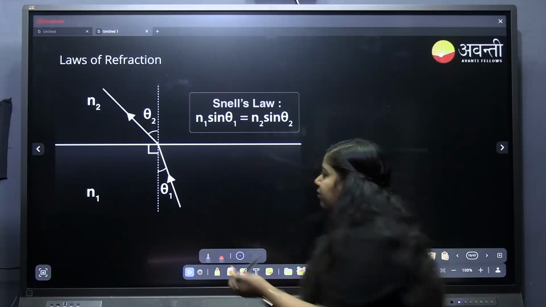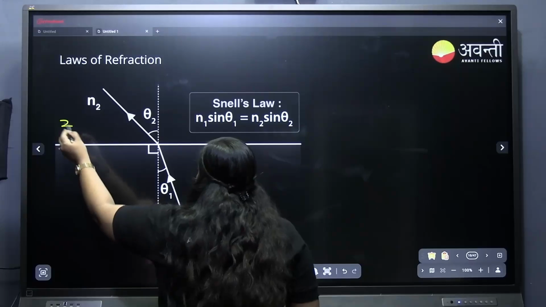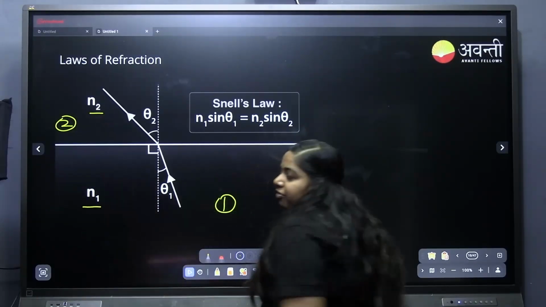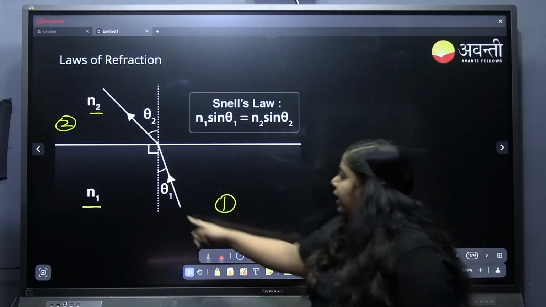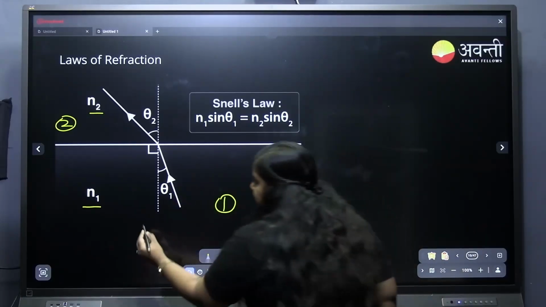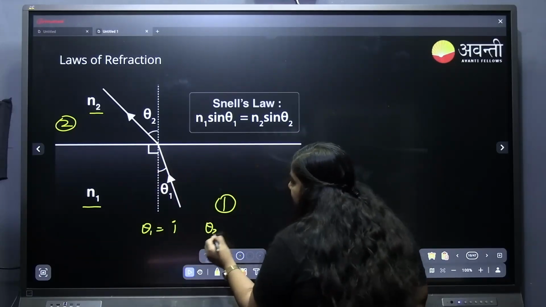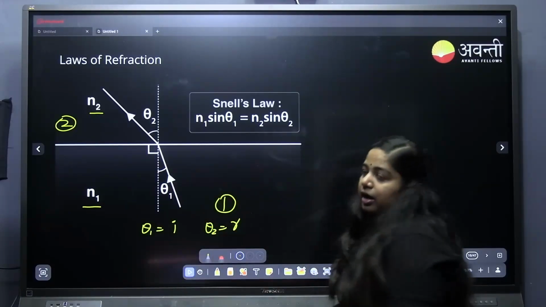This is medium 1, this is medium 2. It has refractive index n1, this has refractive index n2, and this is the angle of incidence, theta 1. Theta 2 is the angle of refraction, r.